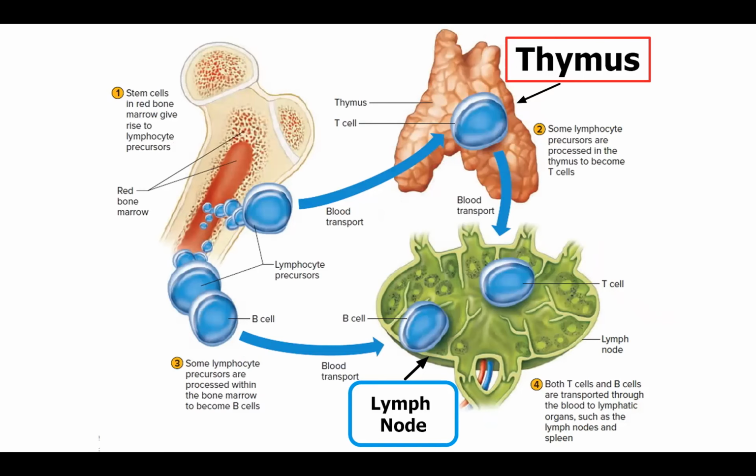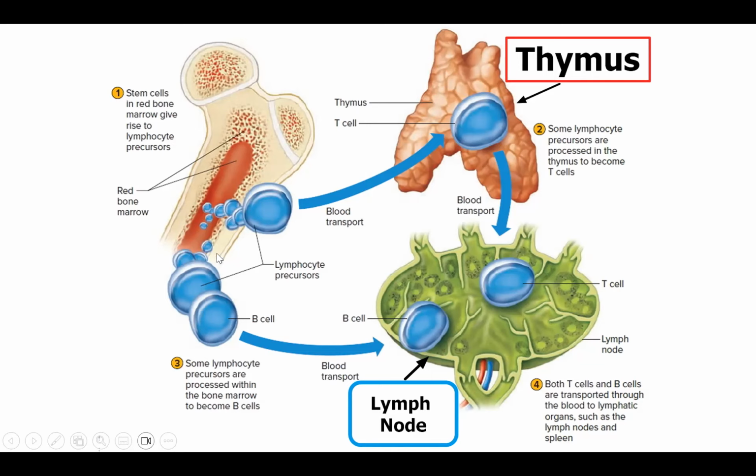Remember what I was mentioning in the previous video about the thymus, how it's very active for children, and as we get older, it becomes less active. Okay. Now, again, this is in generic terms. There's a lot of nuances to this, but we'll start with the bone.